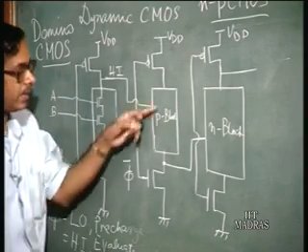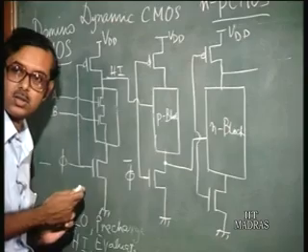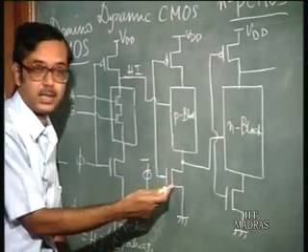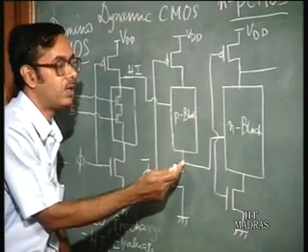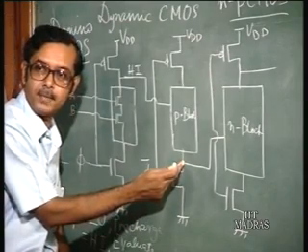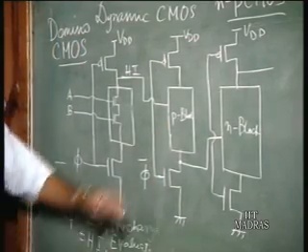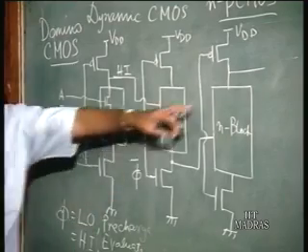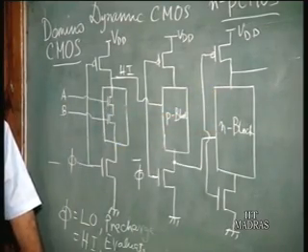Now here you have applied phi bar. So when phi is low, phi bar is high, so this NMOS transistor is on. So the output of the P block is low. So all the inputs of the N block are low, so all the NMOS transistors in the N block are off.